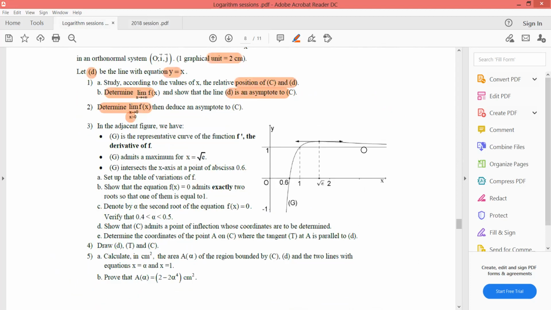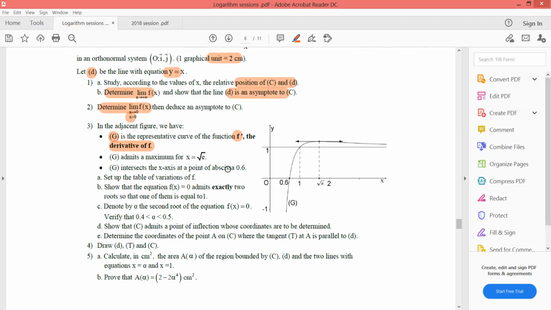Now we have a certain graph here. We are going to take some information from this graph. In the adjacent figure, G is the representative curve of f prime. So this is the curve of f prime, not of f, the derivative of f.